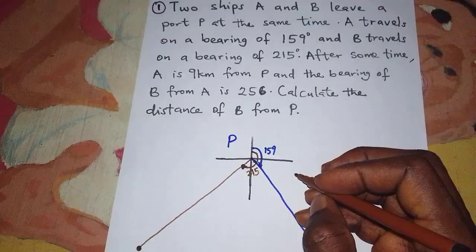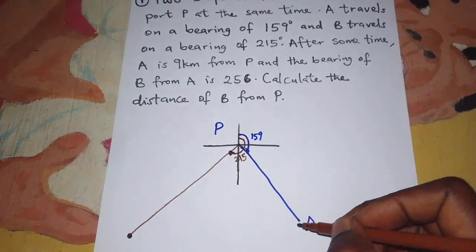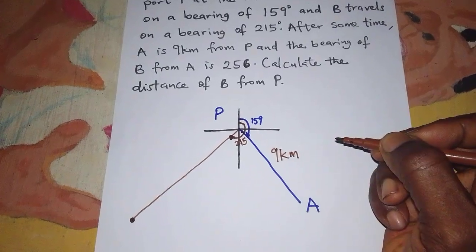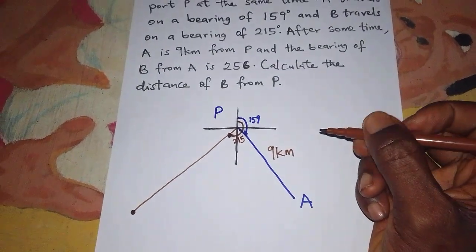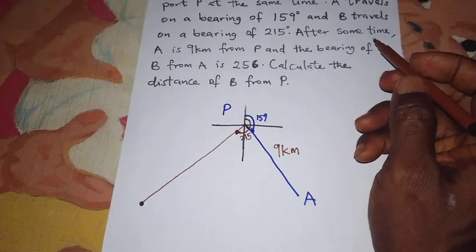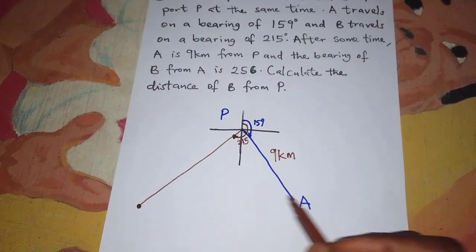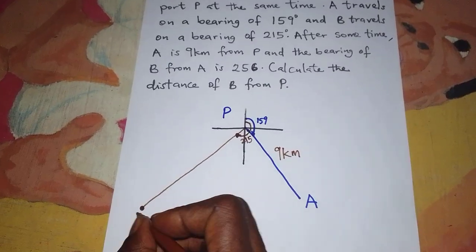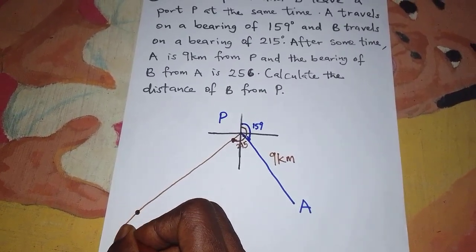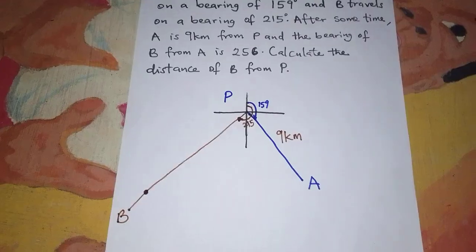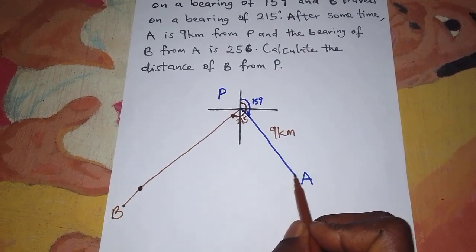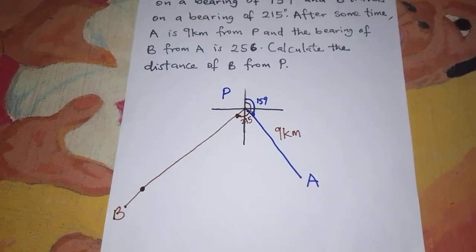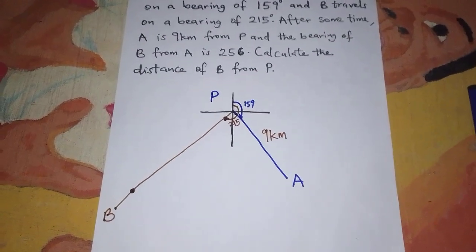The distance between this point and A is 9 kilometers from P. So now, the bearing of B from A is 256 degrees. If this is B, let me say our B is here. The bearing of B from A is 256 degrees. 256 is in the third quadrant.